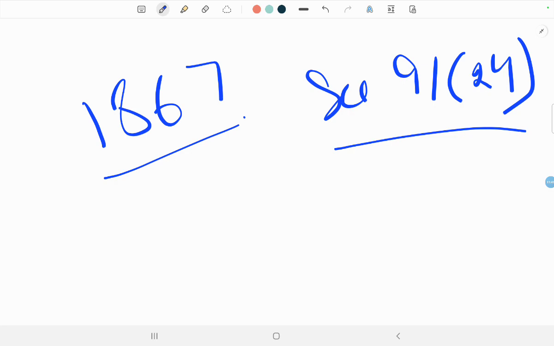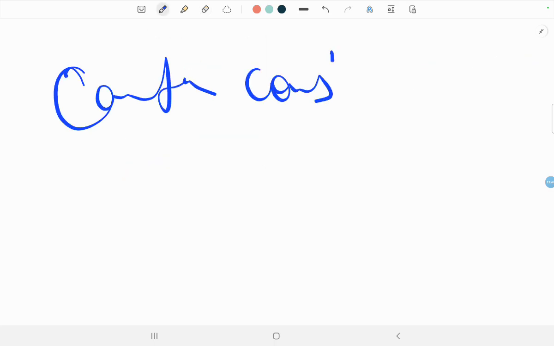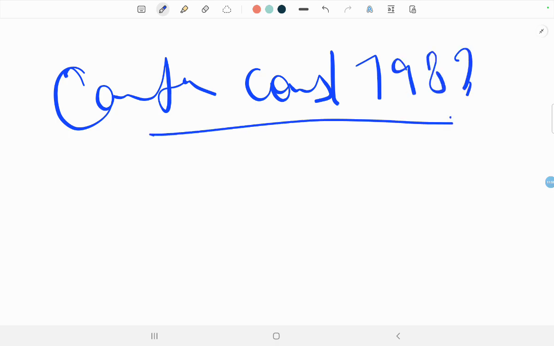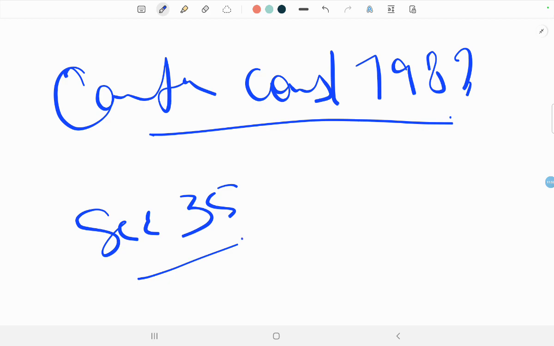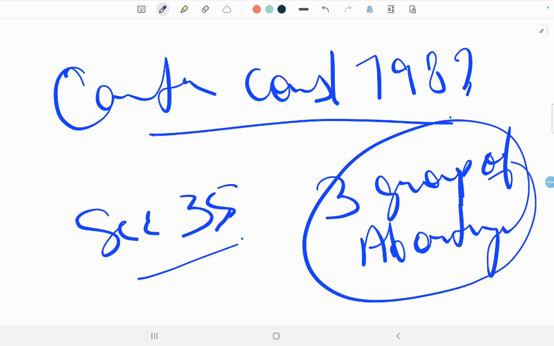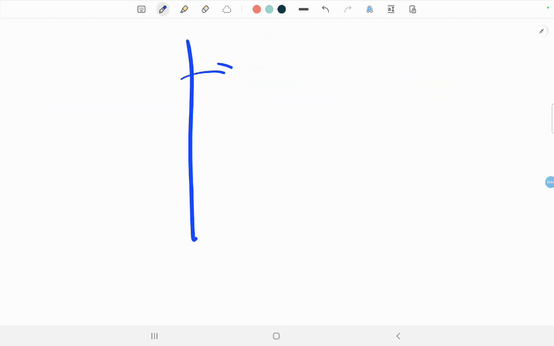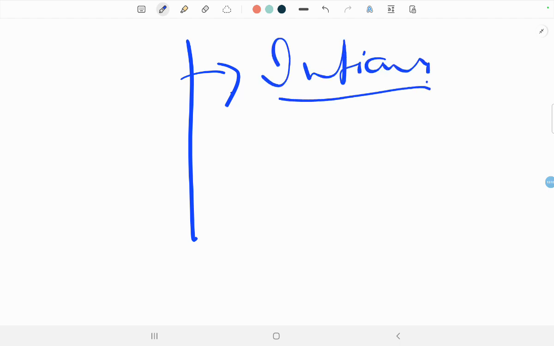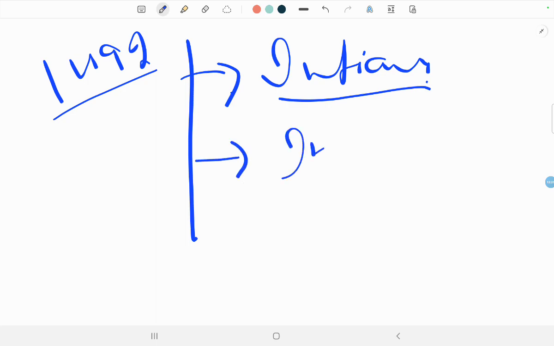And by now the Canada Constitution 1982 comes into play, and section 35 of this act recognizes three groups of Aboriginal peoples. These three groups are, first, Indians. We already know who are Indians, the red Indians, the natives Columbus called them in 1492.